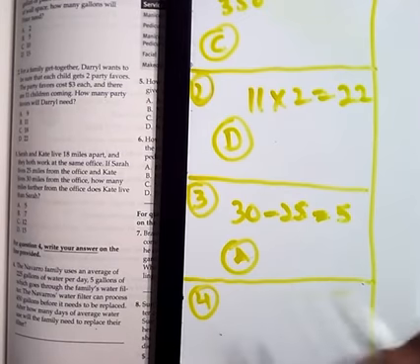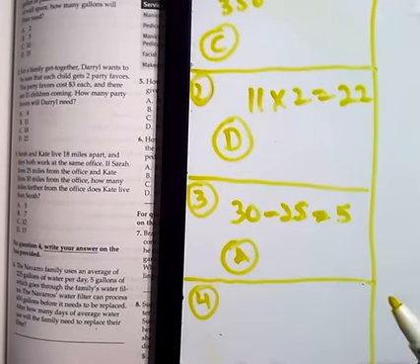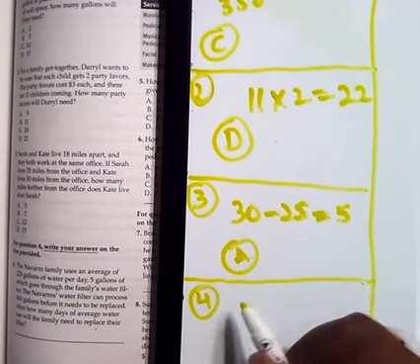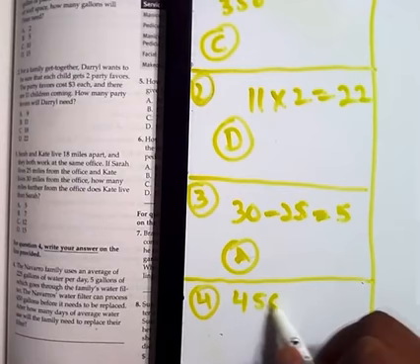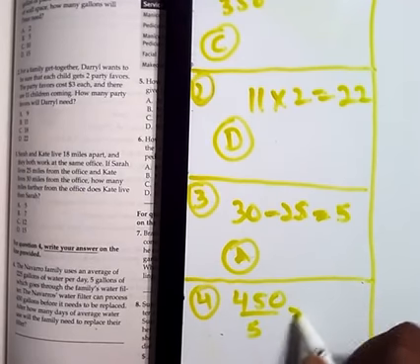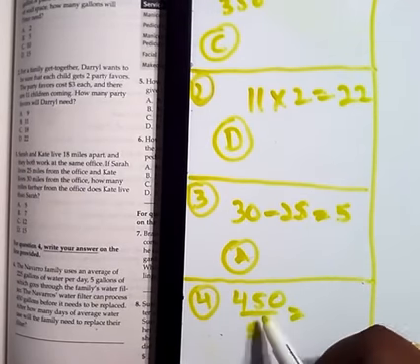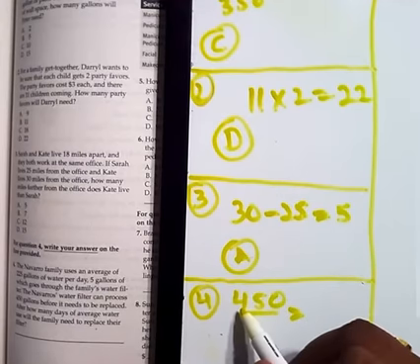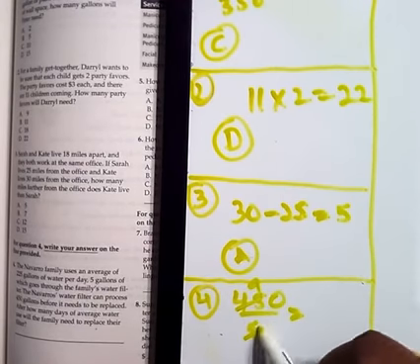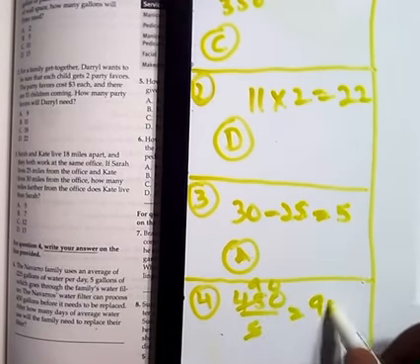And so it can process 450 gallons, and each day it processes 5 gallons. So 450 divided by 5, that's 5 times 9 is 45, 0, so 90 days.